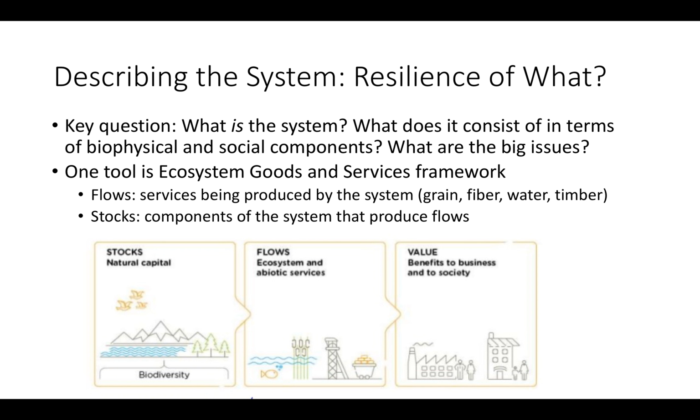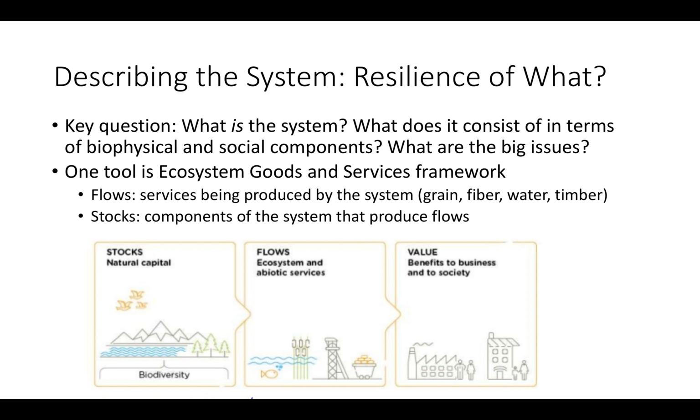One tool the book describes to think about this is the ecosystem goods and services framework, identifying the flows of ecosystem services. So what are the services being produced by the system, such as grain, fiber, clean water, fresh air, timber? And then what are the stocks? What are those components of the system that produce the flows?